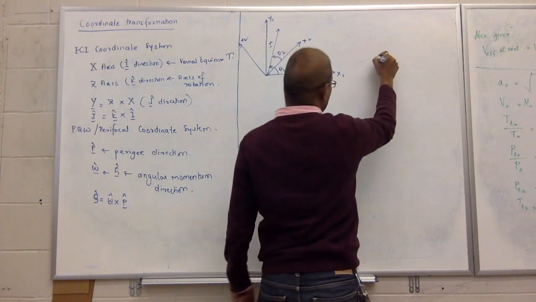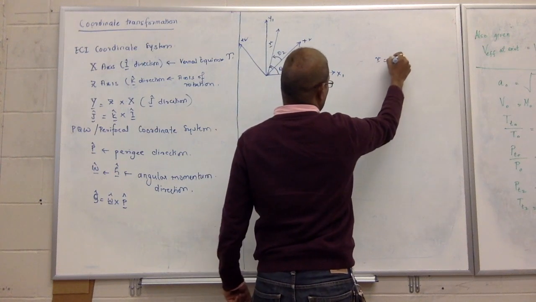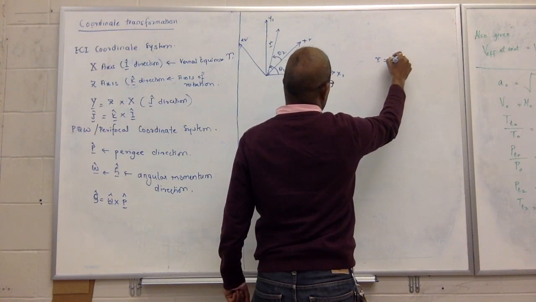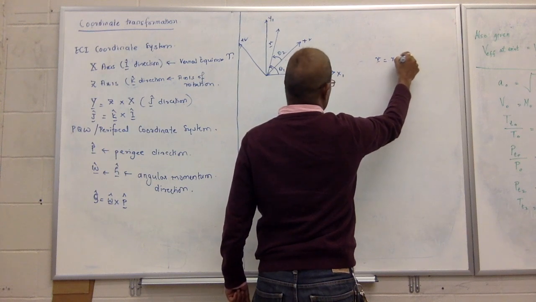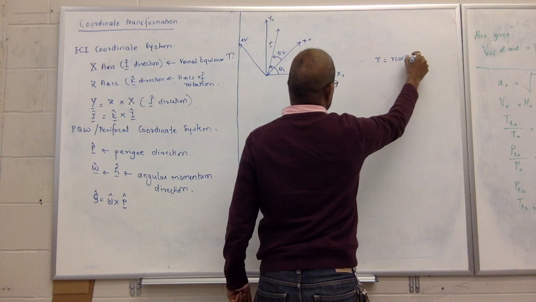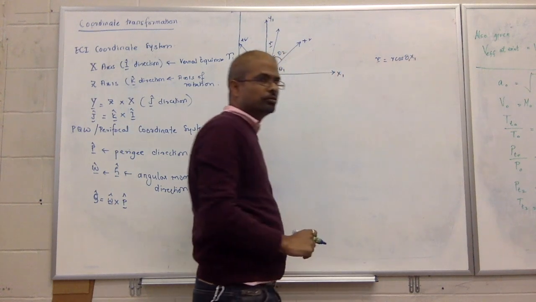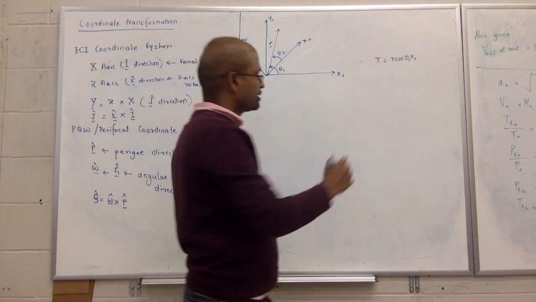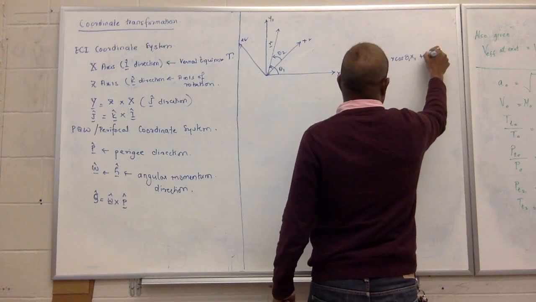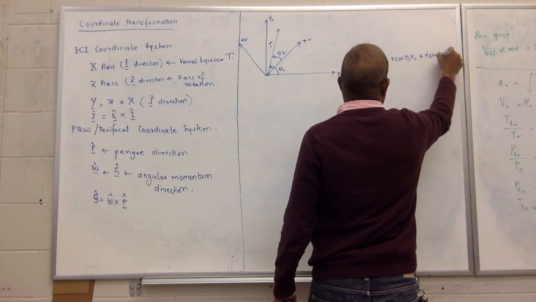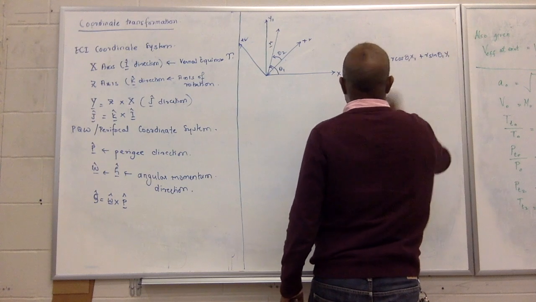So r can be written as r cosine theta 1 x1, you agree? Plus r sine theta 1 y1.